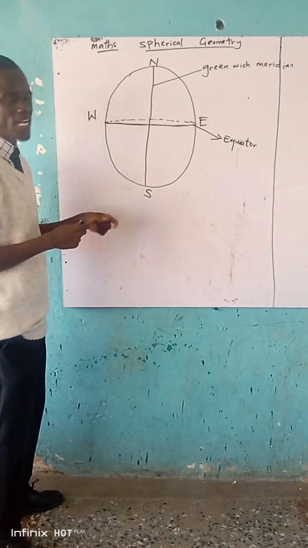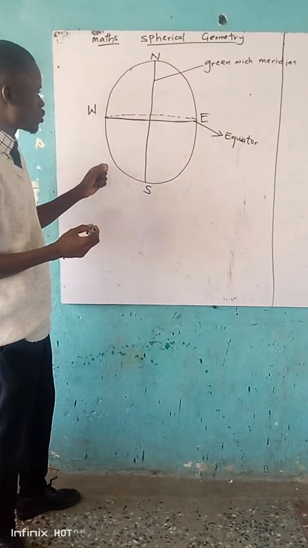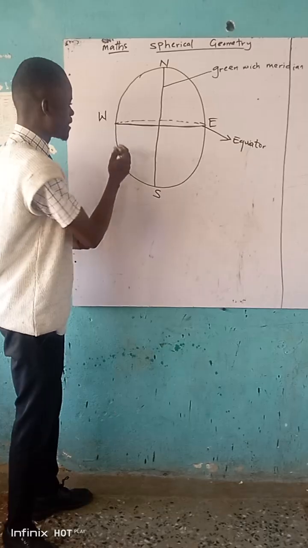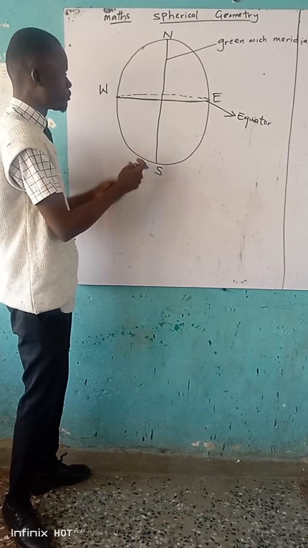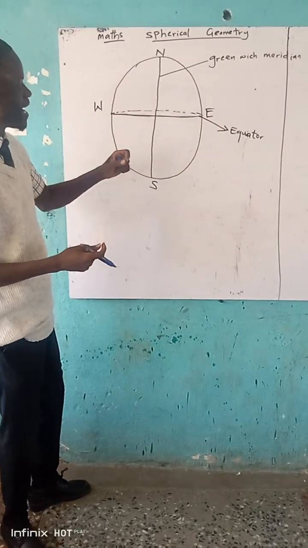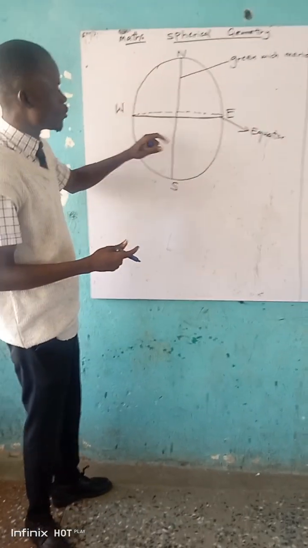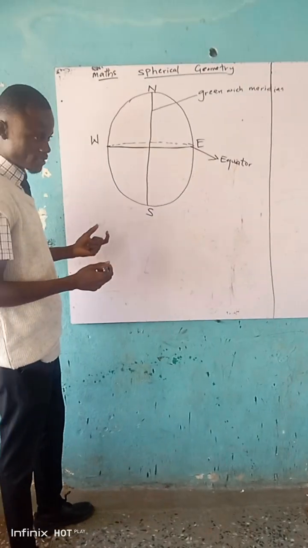Remember, the latitudes are imaginary lines that run from the west to the east, thereby placing positions either north or south above the equator.